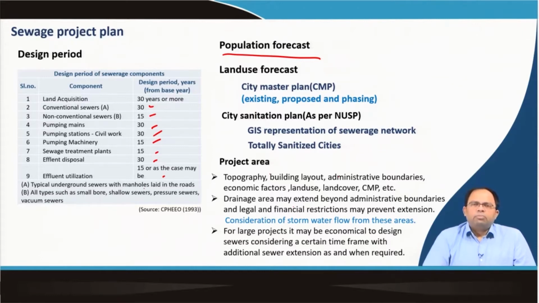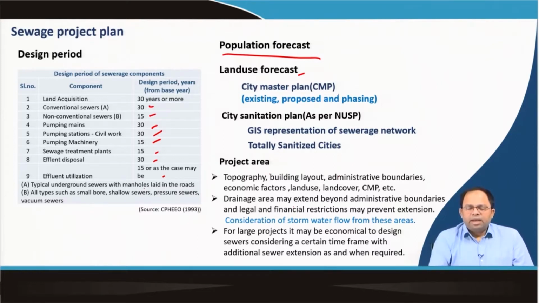That's why we need to have a population forecast for that period, similar to water supply. Then we need to have a land use forecast, because population forecast is not adequate unless we have the land use forecast for commercial areas, non-commercial areas and residential areas. Otherwise we are not able to see where the infrastructure is required and how the expansion of the network should take place.